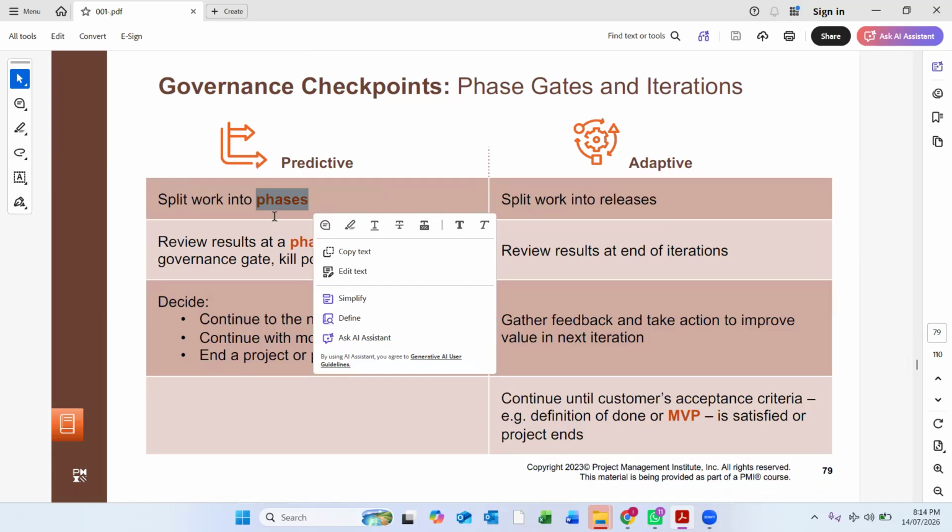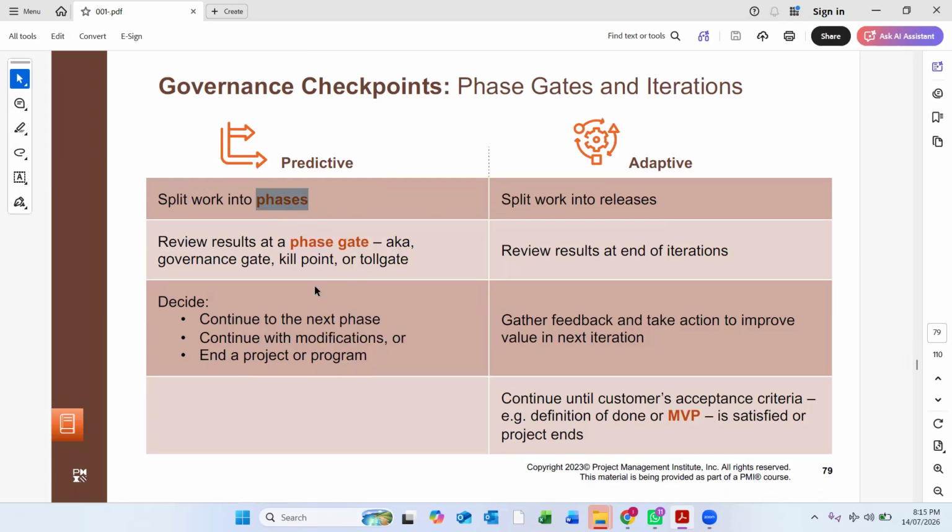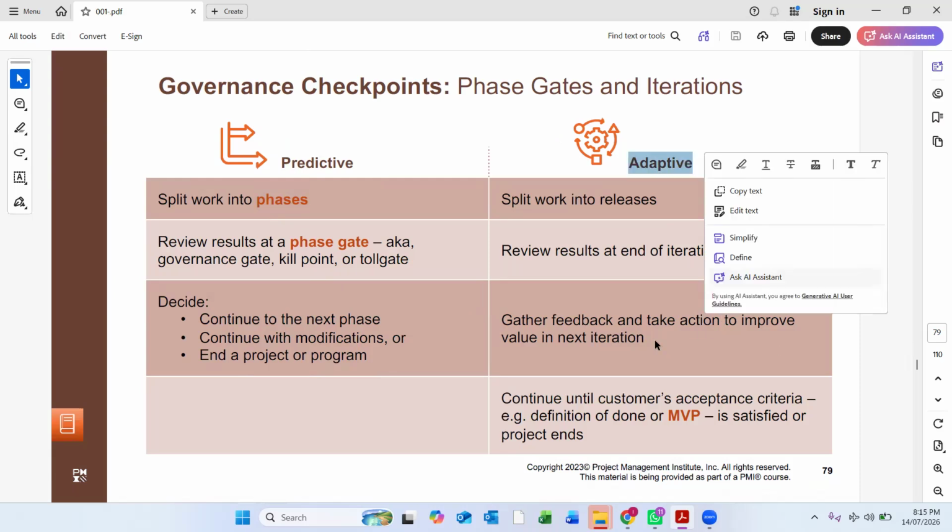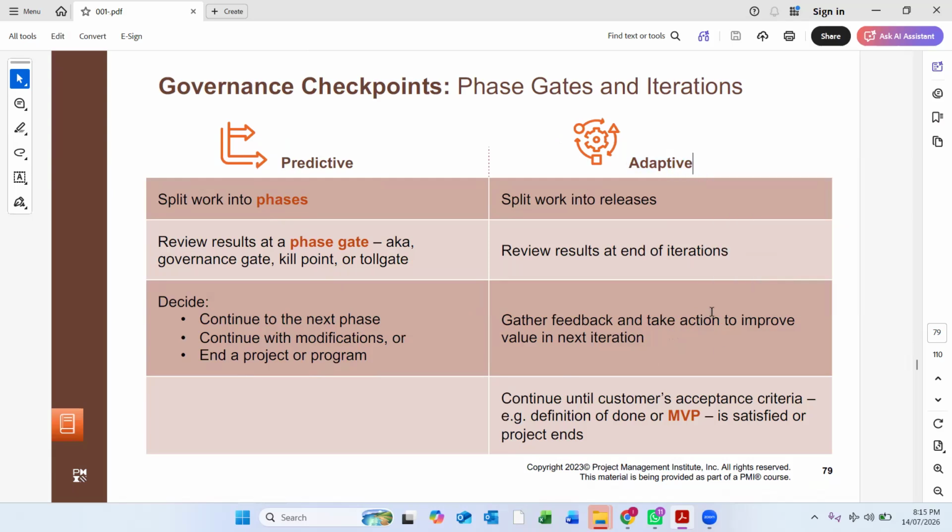We don't go with phase two; we go with phase three to complete the street lighting work. I'm just giving you one example. So we should decide whether to go to the next phase or not in a predictive environment. But in adaptive, there are releases, and we get the customer feedback, and then we can go for the next iteration where we can have another release.